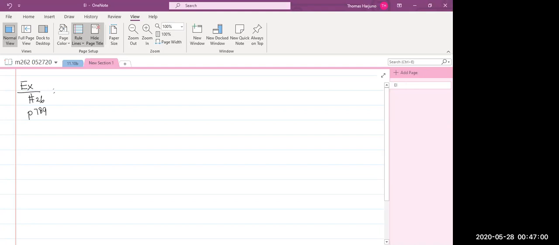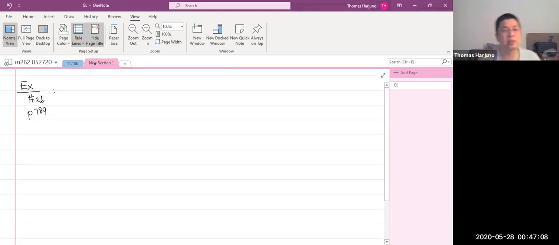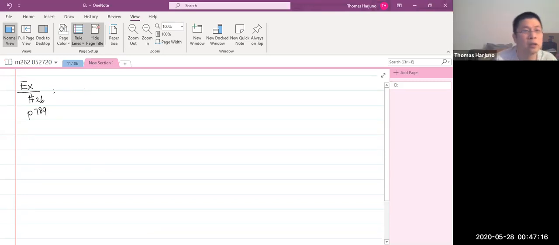Professor, when you say we're done with the material, you mean all the material for the class? Yeah. So in the next page here, I basically do more examples from this section 11.10. Number 26, do the expansion for cube root of 8 plus x.